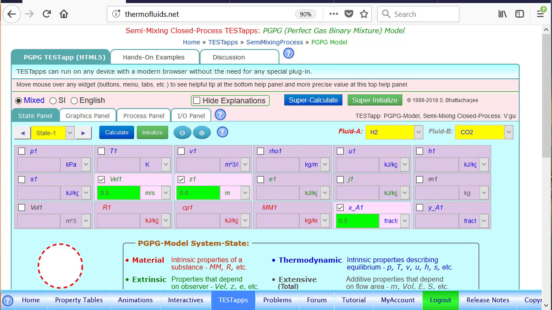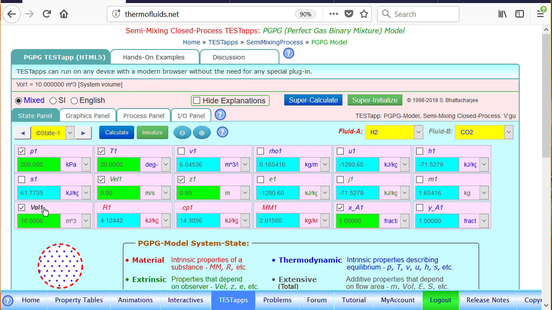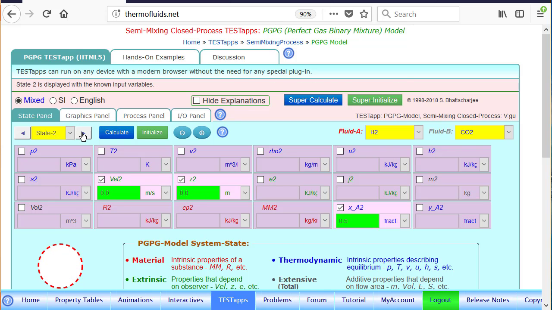So let's now evaluate the initial state. State 1 is pure hydrogen, so XA equals 1. The conditions given are 200 kPa and 20 degrees Celsius, and finally the volume is 10 cubic meters. So state 1 is fully evaluated. Now let's find state 2, which is pure CO2, so XA equals 0.